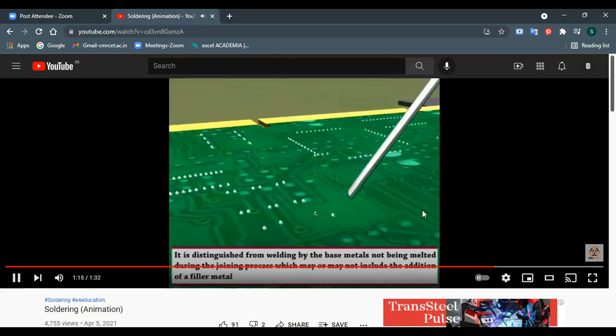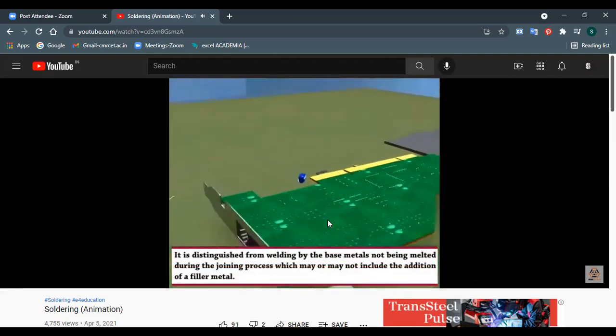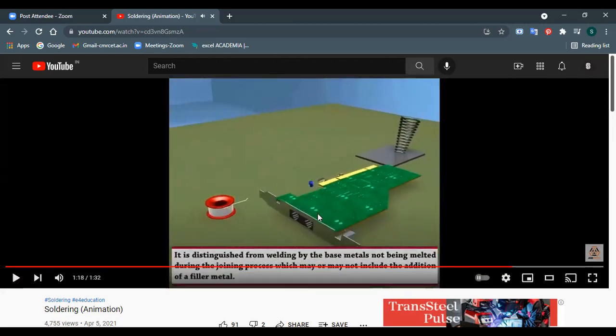Or may not include the addition of a filler metal. And another point is, some welding types we have seen earlier did not have a filler metal requirement, right? I believe mostly all had the requirement of filler metal except for thermite welding, and resistance welding also did not have this filler material requirement, right?